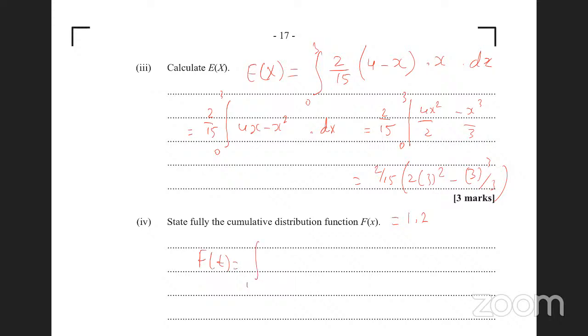F of t is the integral between 0 and t of 2 on 15 of 4 minus x dx. So that will be 2 on 15, plugging in t one time, so that's 4t minus t squared on 2.